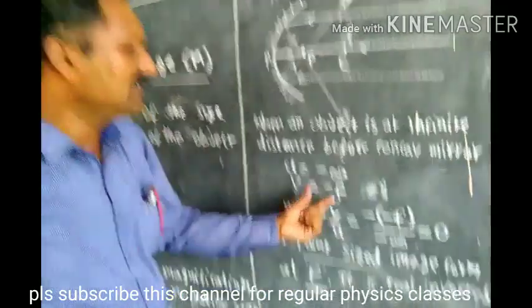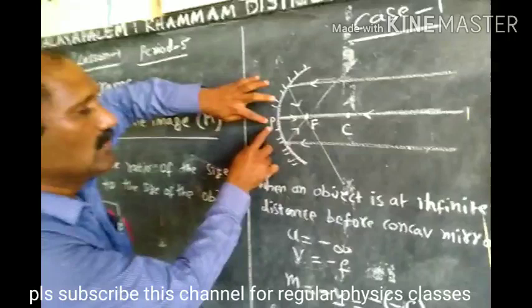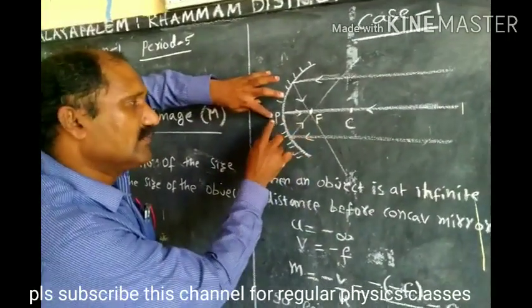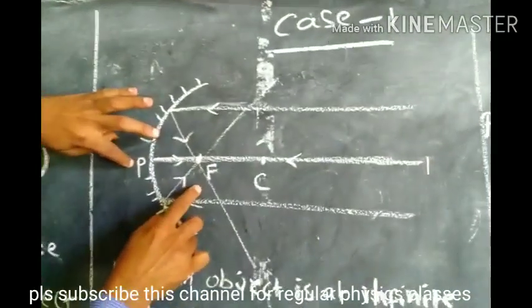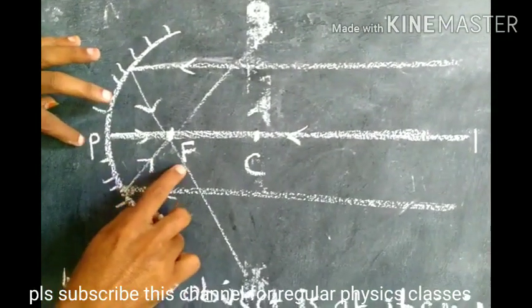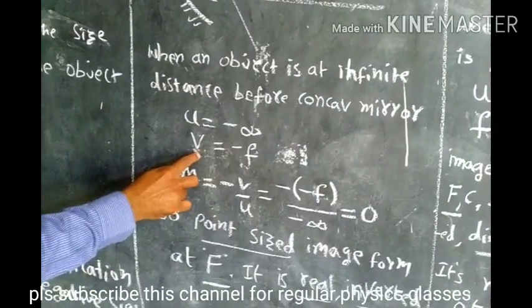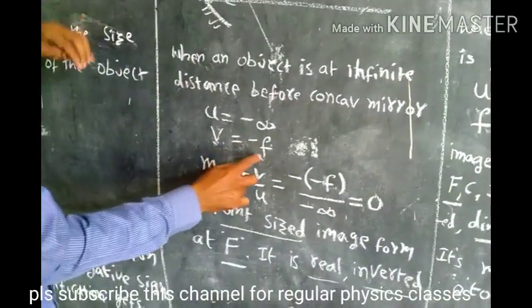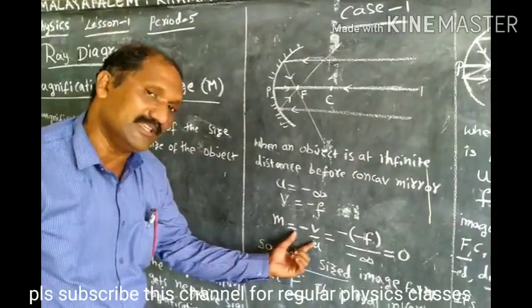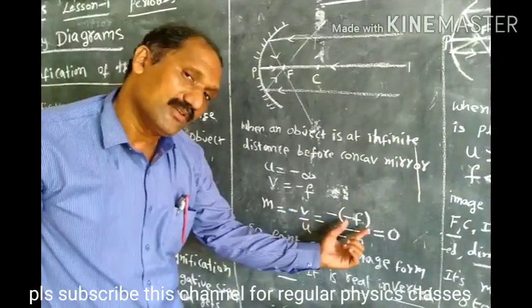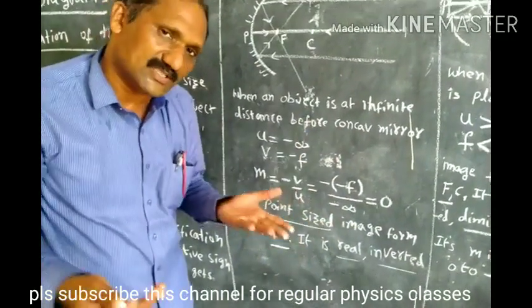Okay, V is minus F, because the distance to the focal point from the pole is called the focal length and shown by small f. That small f is now the image distance. That's why V is equal to minus F. The magnification M is equal to minus V by U. That's why minus of minus F by minus infinity, something by infinity, gets zero value.